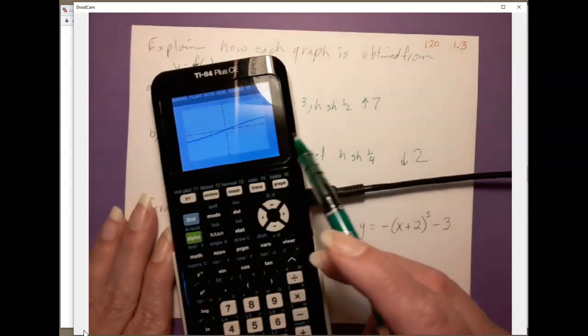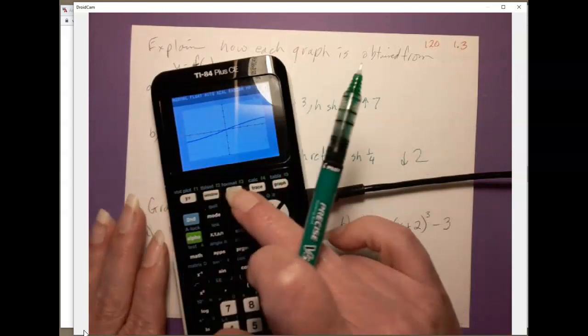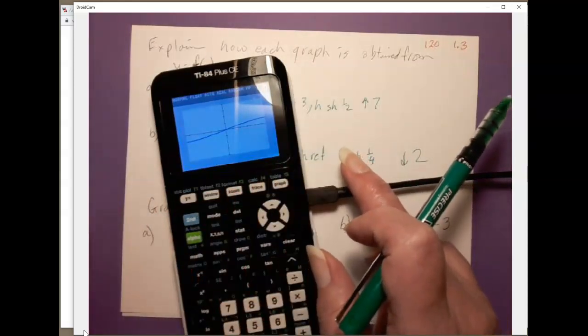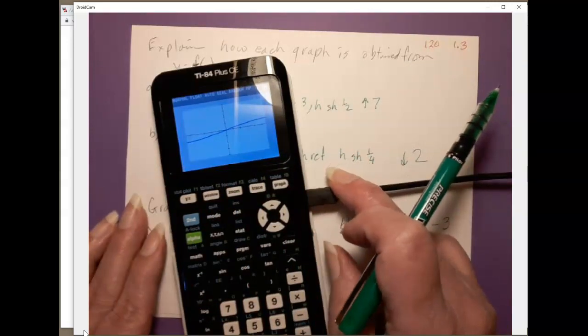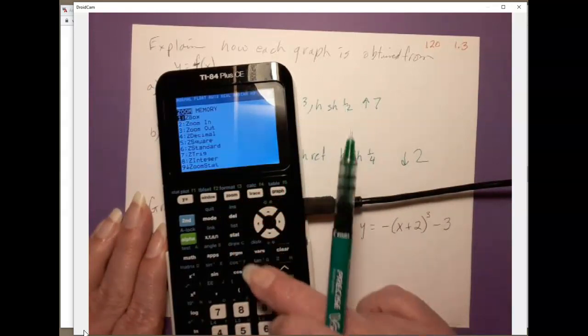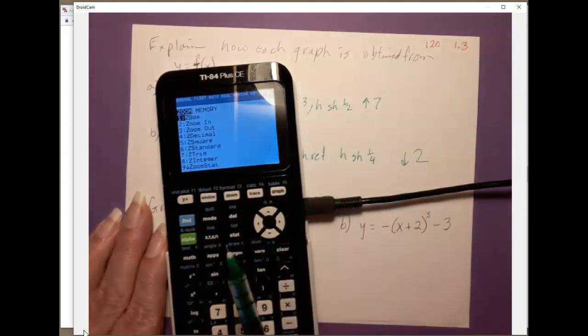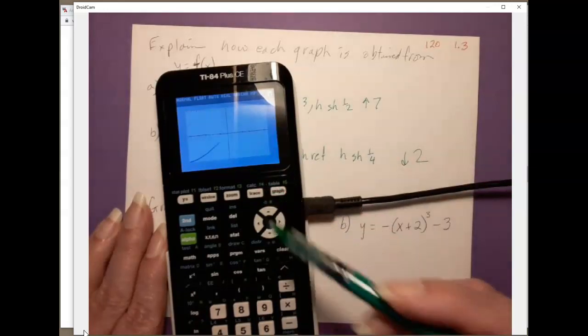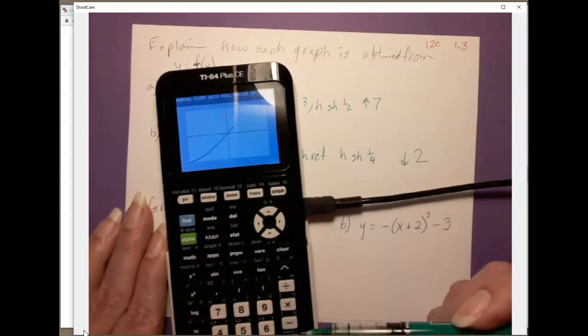Now it's not showing me enough, so I'd like to see a little bit more than this, but I can see that it's really stretched out, which is what I expected because 1/9 would be a really strong horizontal stretch. So I could try zoom fit. That's zoom 0. Let's see if that works a little better. But it often doesn't. All it did was stretch it so that I'm just seeing where the ones are.